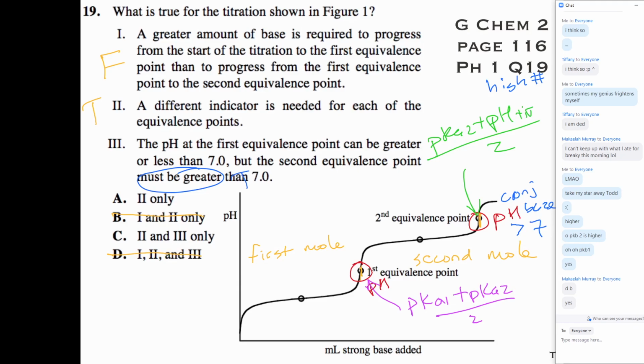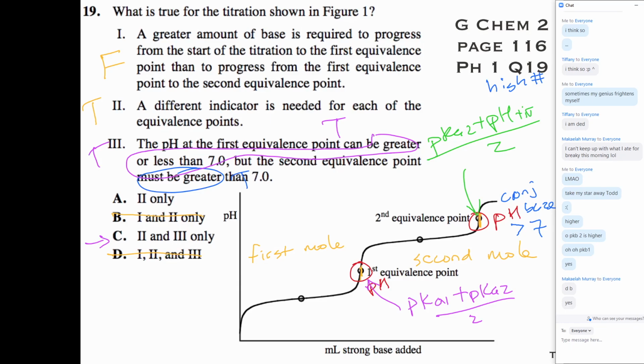In theory, can both pKs be low, 2 carboxylic acids? Could both pKs be high, 2 amines? Could one be high, one be low? And it ends up maybe around 7-ish. In theory, because you're going to have different pKs, can you have a different first equivalence point, meaning it can be greater or less than 7? That is true. Making C your best answer.